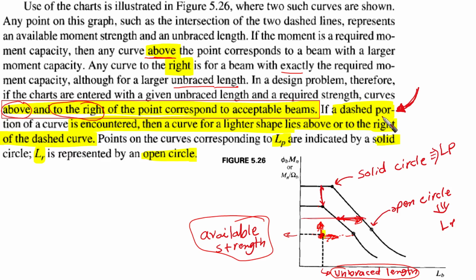If a dashed portion of a curve is encountered, then a curve for a lighter shape lies above or to the right of the dashed curve.